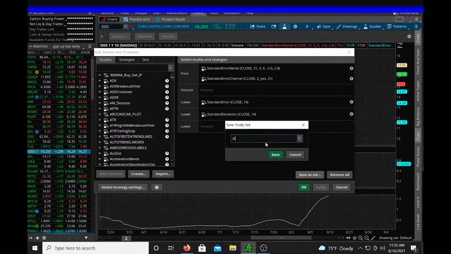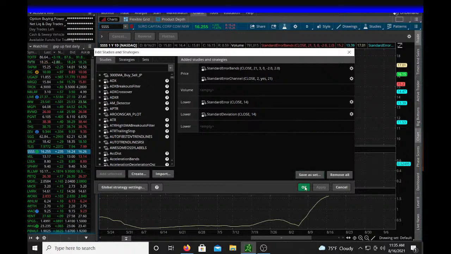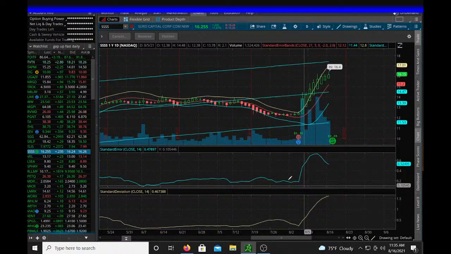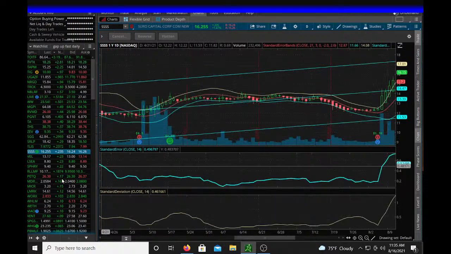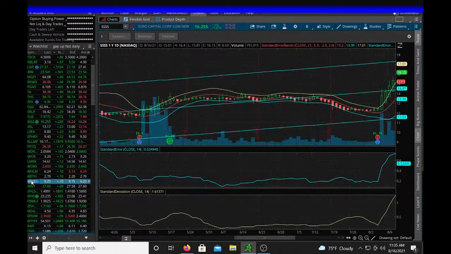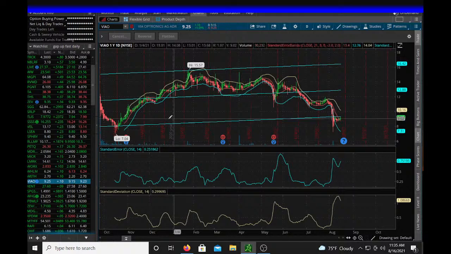So we'll call that our standard error setups. And then once you play with that and find signals you like and things that work, take some notes, write some things down.